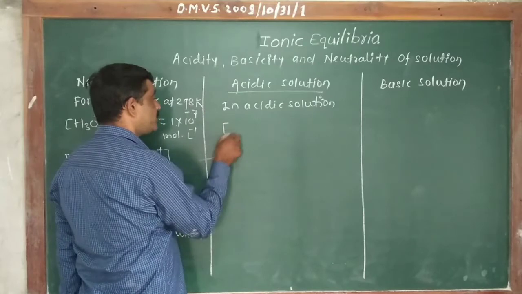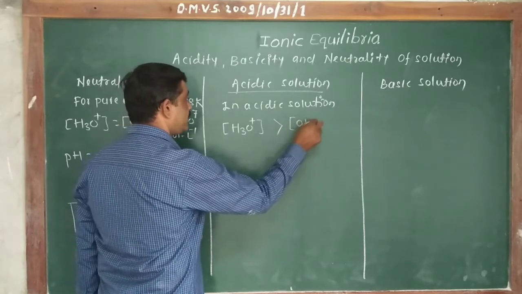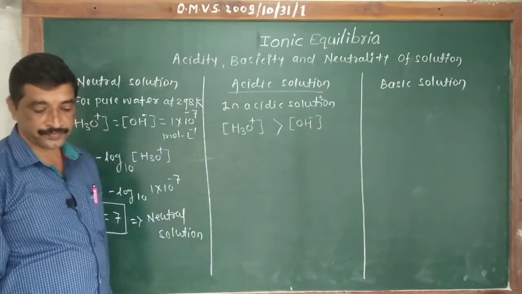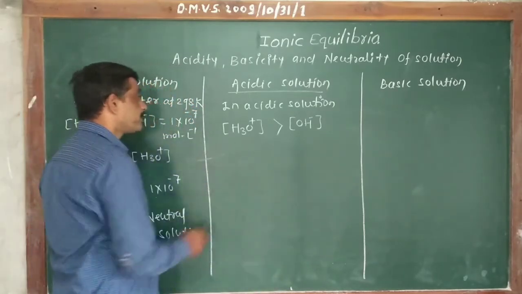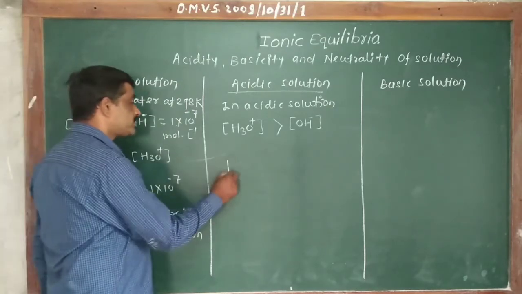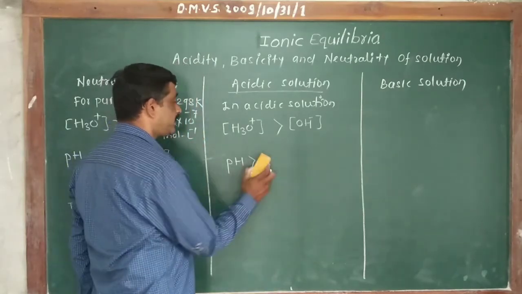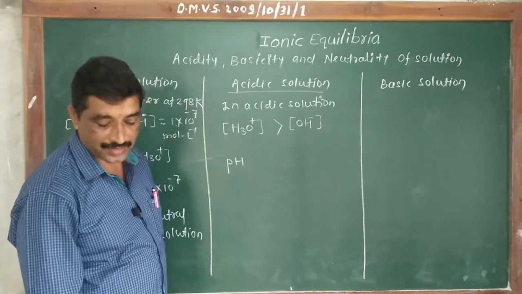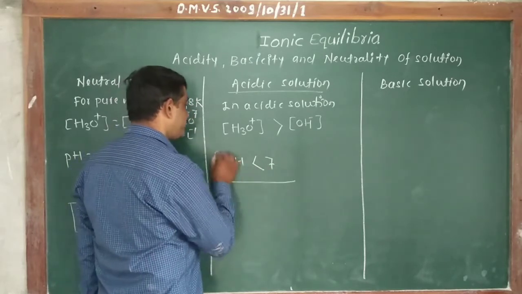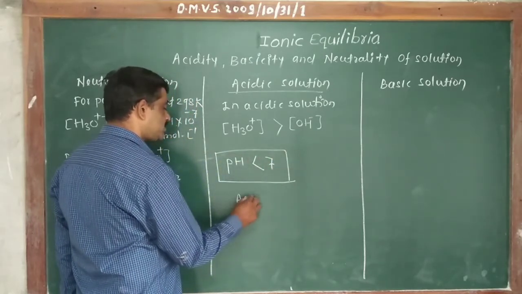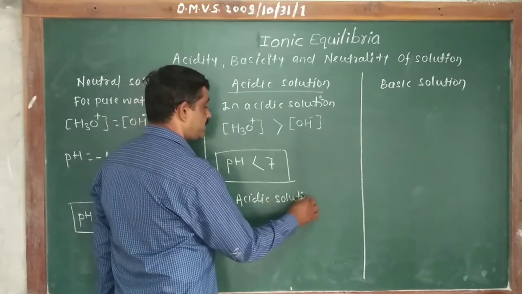So in an acidic solution, we know the concentration of H3O+ ions is greater than the concentration of OH- ions. Therefore, when the concentration of hydronium ion is greater than the concentration of OH- ions, the pH of that solution should be less than 7, and if the pH of a solution is less than 7, then that solution is acidic in nature, or it is an acidic solution.